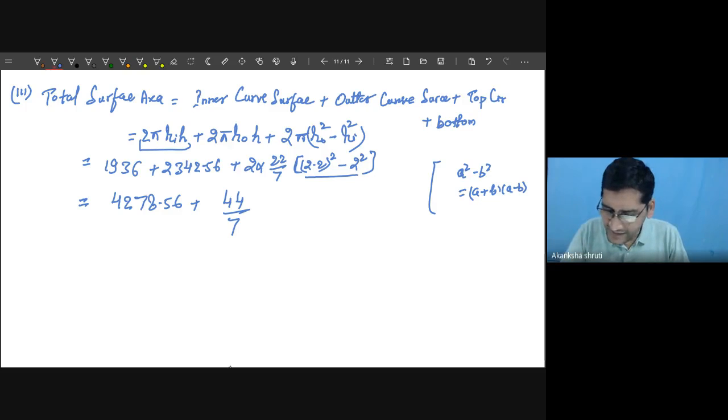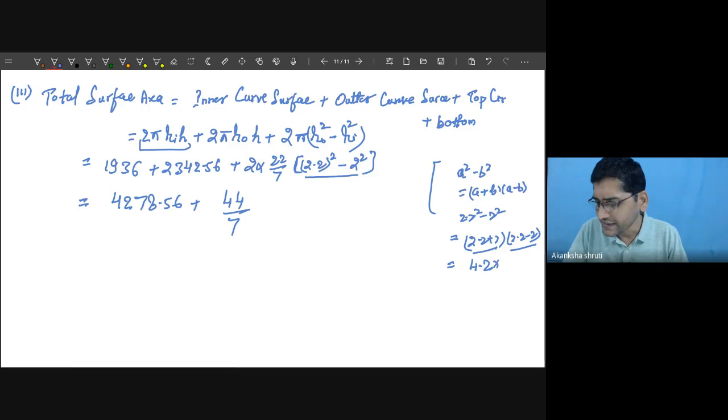So 2.2 square minus 2 square can be written as 2.2 plus 2 in one bracket and 2.2 minus 2 in the other bracket. Can we write like this? Surely. Adding in the first bracket, it becomes 4.2, and subtracting in the second bracket, it becomes 0.2 only. So rather than squaring the 2.2 and then taking the difference, we can write this as the product of 4.2 into 0.2.